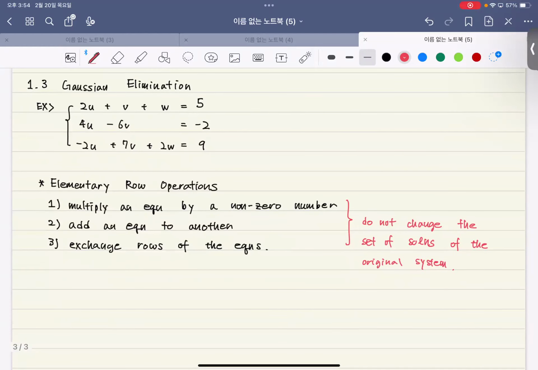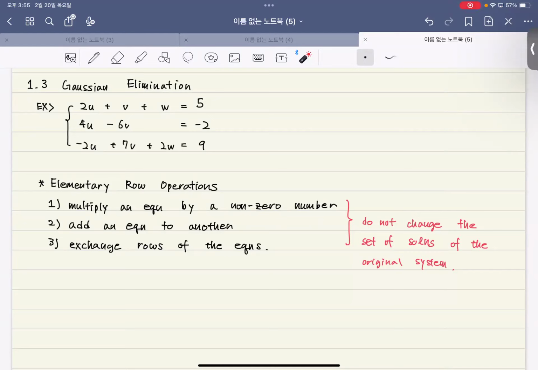So now, what is Gaussian elimination? By using elementary row operations, Gaussian elimination changes any given system into a so-called upper triangular system. So what is an upper triangular system?